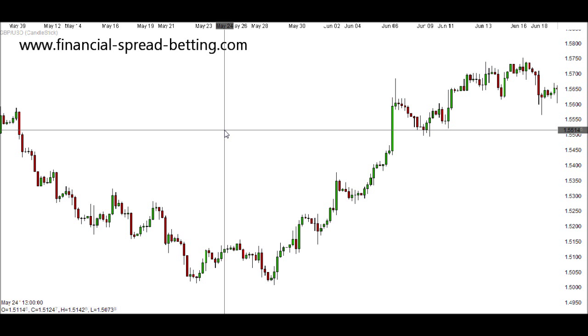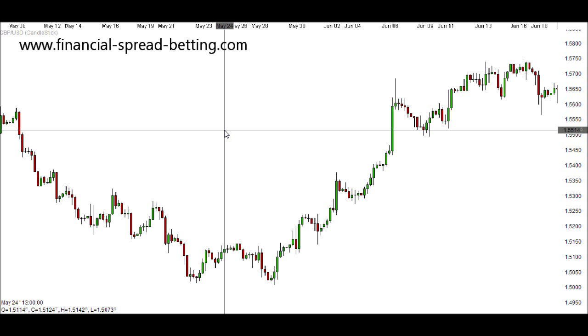So far in this course we've looked at how price behaves when it uptrends, when it downtrends, and when it ranges. We've looked at the patterns that price creates in the market. We've looked at Japanese candlesticks, more specifically engulfing candles and pin bars, and how these types of candles can help us to trade uptrends, downtrends, and ranging markets.